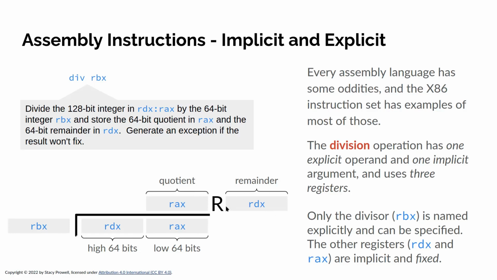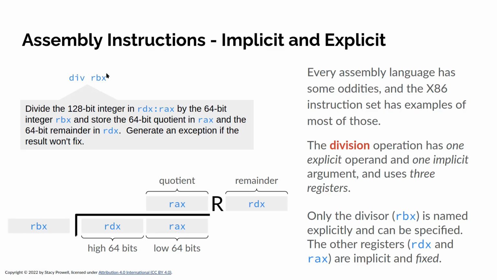Wow, lots of stuff going on there. And in fact, when I perform this division, the entire quotient has to fit in RAX. If it doesn't, and there's still something left over in RDX, I get a processor exception. So division is another fun, weird example.